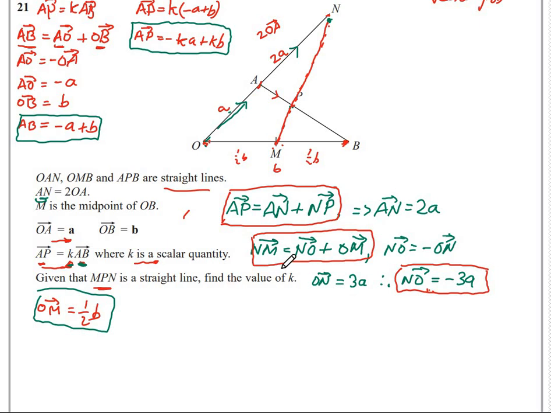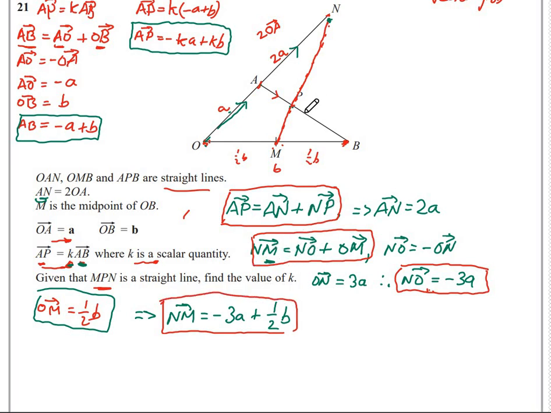We find the whole line NM because NM equals NO plus OM. So NM equals NO, which is minus 3A, plus OM, which is half B. Okay? So we found NM.